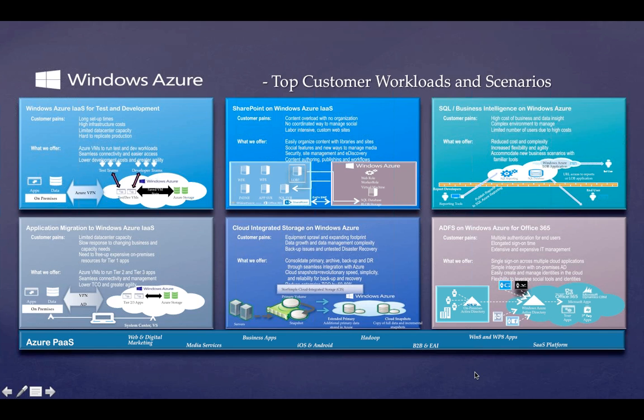So it makes natural sense that instead of investing in streaming servers and then waiting for the downloads, uploads, and the network efficiency associated with it, one of the options you have is to leverage cloud storage, cloud integrated storage on Windows Azure. That way you can better manage such content that is growing in the organization.